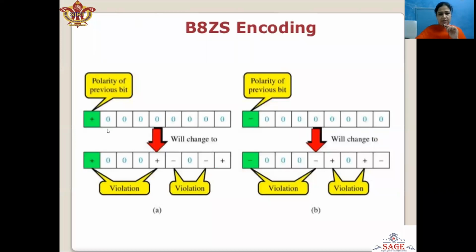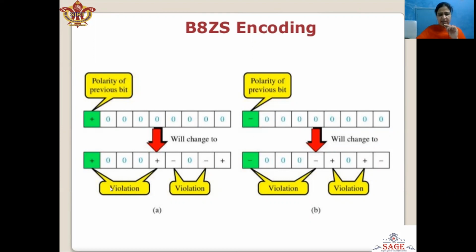Now, we can see the bits representation in case of B8ZS encoding. Here we have shown both the cases when the polarity of the previous bit is positive and the polarity of the previous bit is negative. Here we have shown the violation bit and the bipolar alternation also.